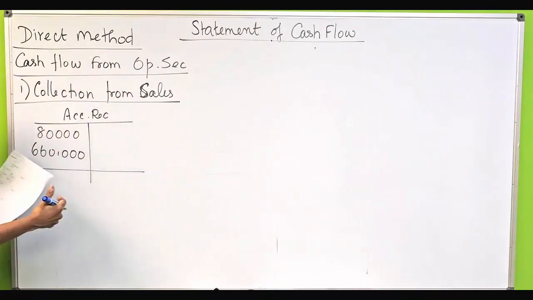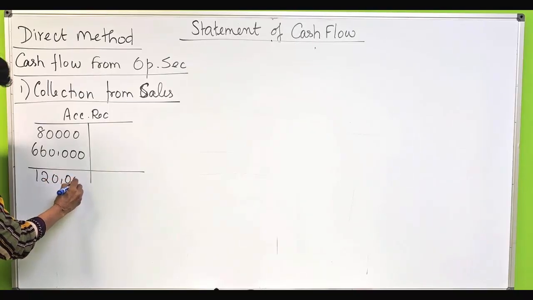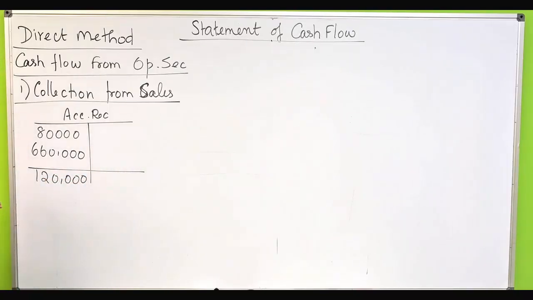At the end of the period, your accounts receivable balance was $120,000. So the receivable increased from $80,000 to $120,000, an increase of $40,000.